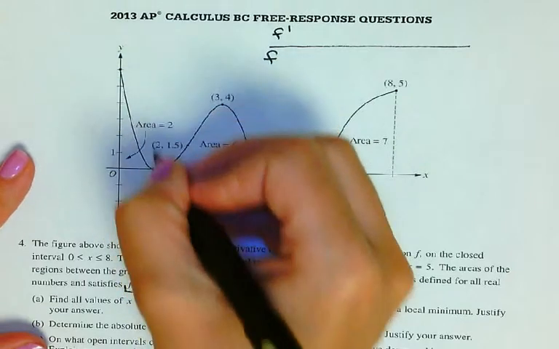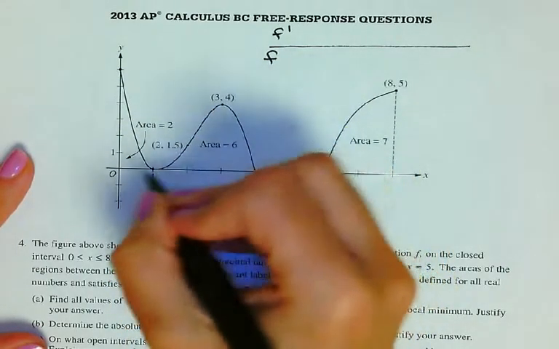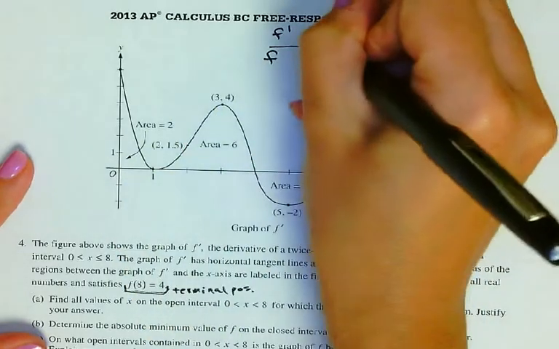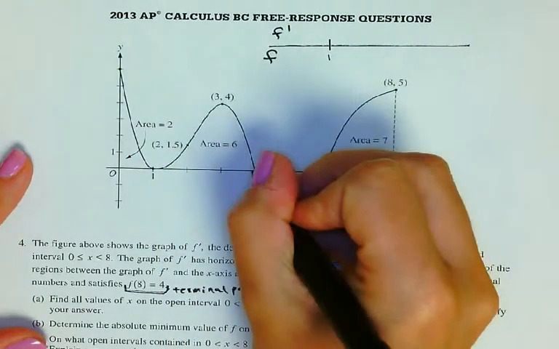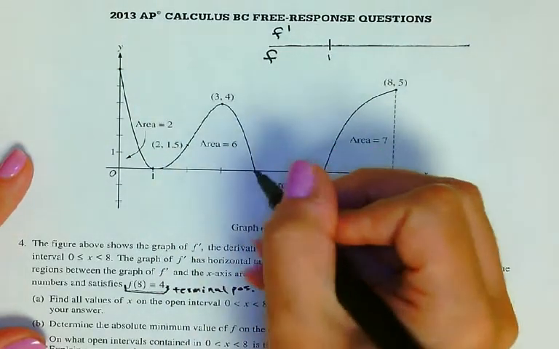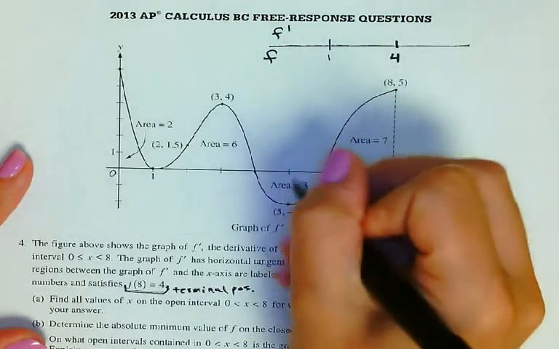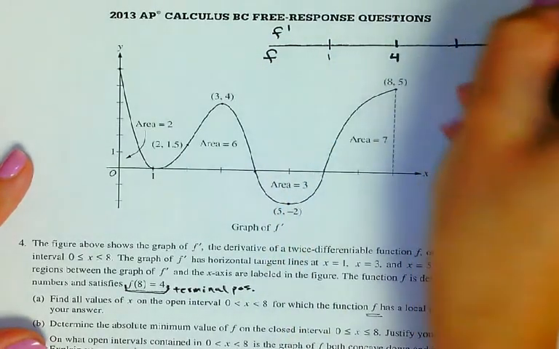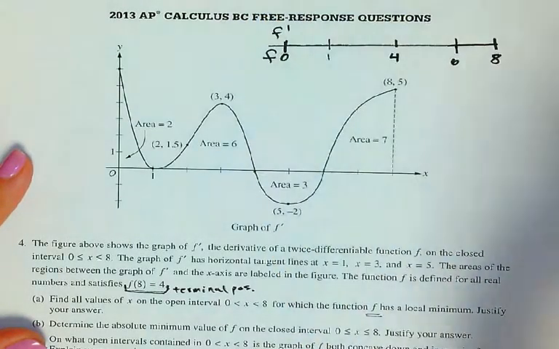So here my derivative is above the x-axis, and then it hits 0 at 1, but it still stays above the x-axis. So there still may be a critical value at 1, and then it hits the x-axis again at x equals 4, and then at 5, then at 6, okay? And so we end at 8, and again here we start at 0.